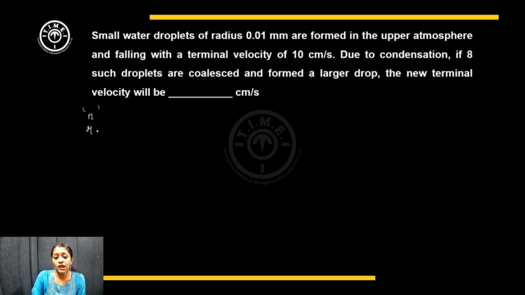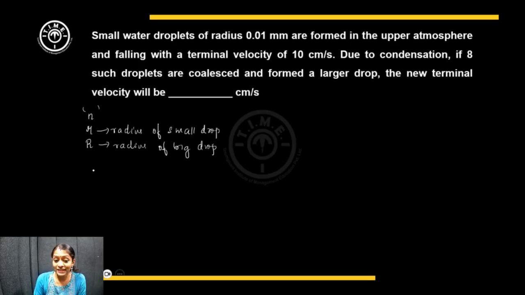So let small r be the radius of the small drop. They are all identical droplets. So small r is the radius of each of the tiny drop. And capital R is the radius of the big drop formed. Now we have to obtain a relation between small r and capital R.